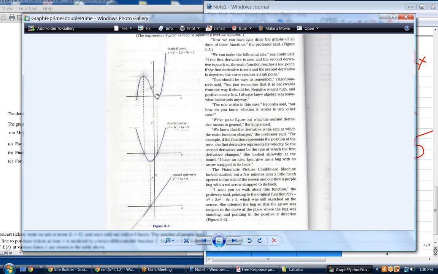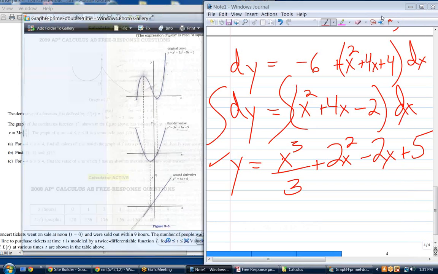If the second derivative is positive, it means it's concave up, which means it would be a minimum. So the way to memorize it, or at least the way I've memorized it, is second derivative negative, concave down, negative goes with down; second derivative positive, concave up, up goes with plus. That makes sense.